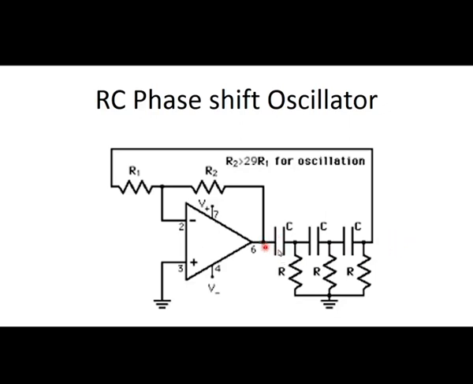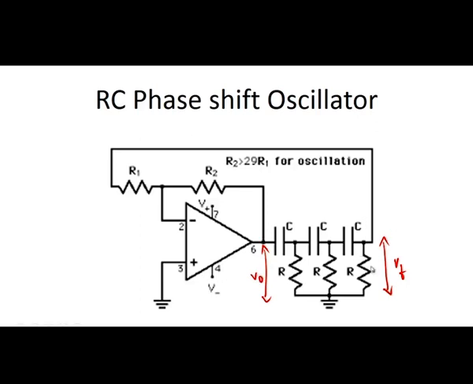So, for that we have connected RC pairs of 3 combinations, that is 3 stages of RC pairs. Here is the output voltage of the amplifier, and here is the feedback voltage, called Vf.